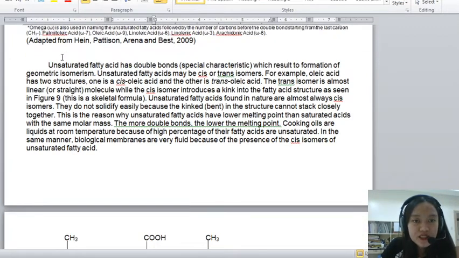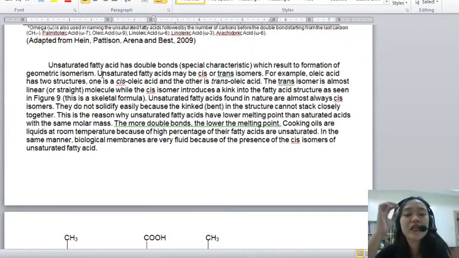Okay, so a saturated fatty acid has no double bonds, while unsaturated fatty acids have double bonds as their special characteristic. Kasi sa kanila lang nakikita yan, which result to formation of geometric isomerism. So remember class, the presence of double bonds in fatty acids raises the possibility for the formation of geometric isomerism.